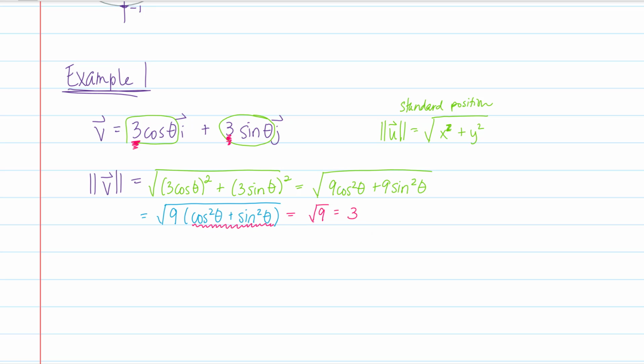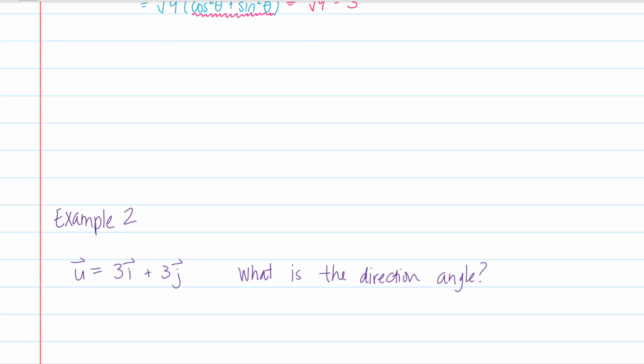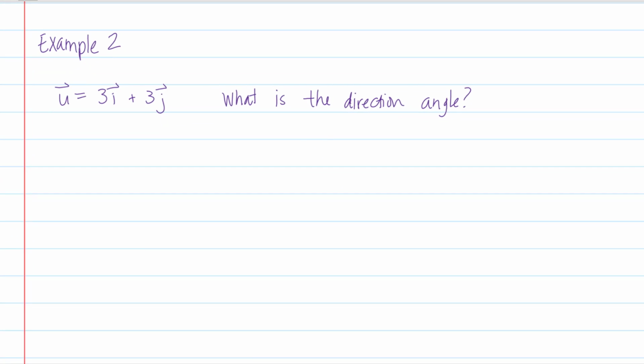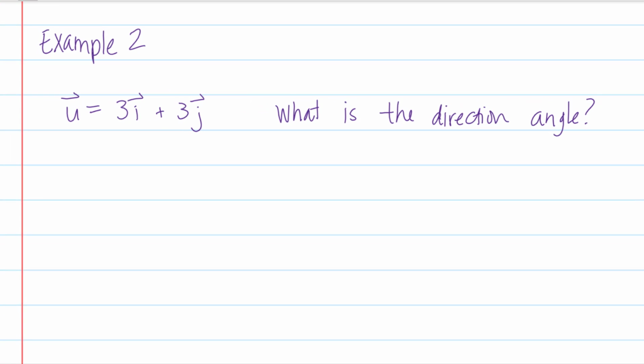Okay, so now using that idea, now I can work the other direction. Now I can figure out the direction angle if I have the vector. I can think about this in a couple of ways. The direction angle is always easiest to do with a unit vector.